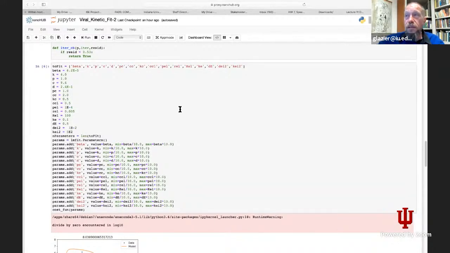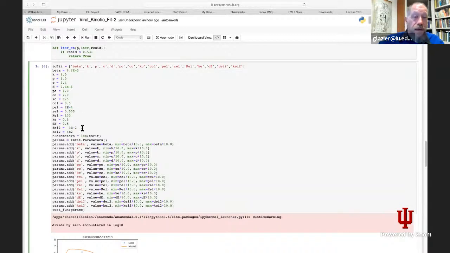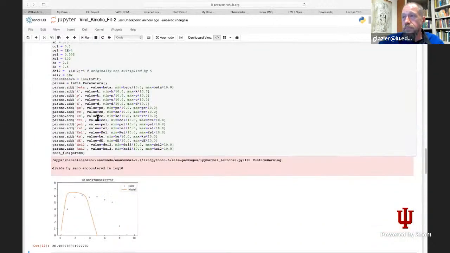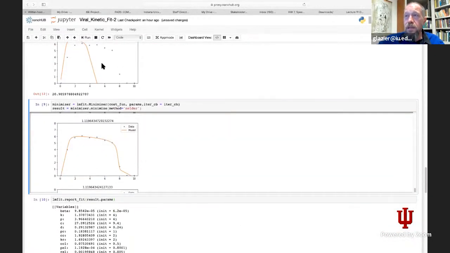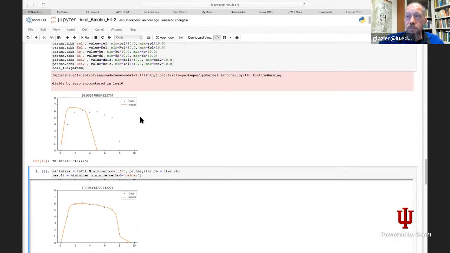For example, if you make the killing efficiency, which is DEI2, multiply it by 5, you can run that again and see what happens. Just click execute on that box. And if we look down at the plots underneath, you see the virus gets cut off much faster.